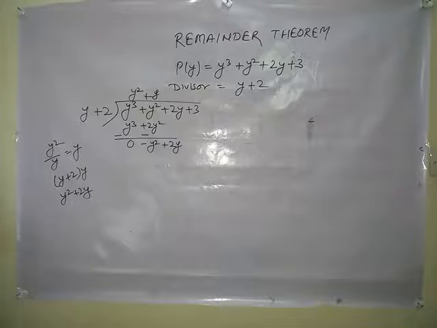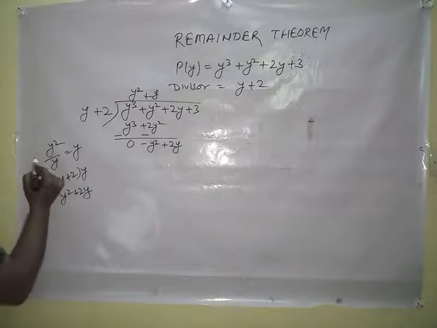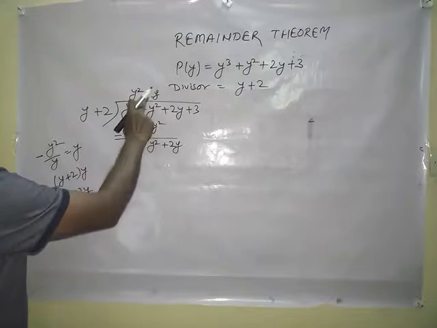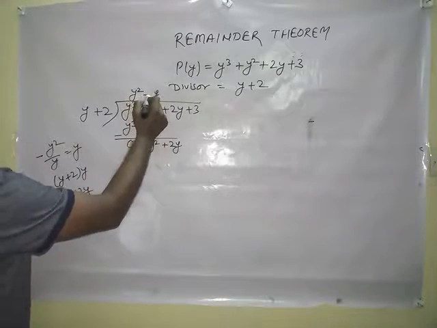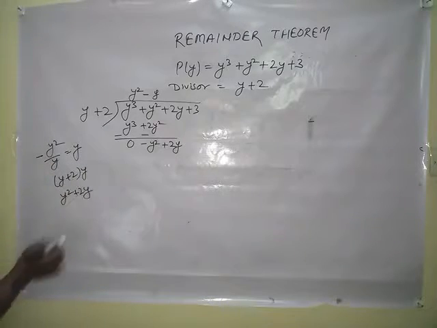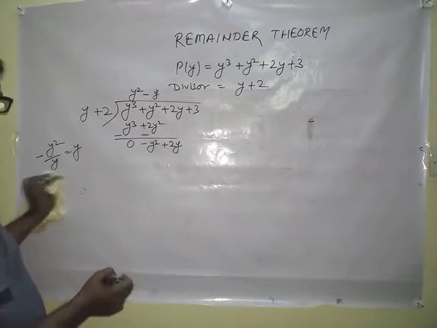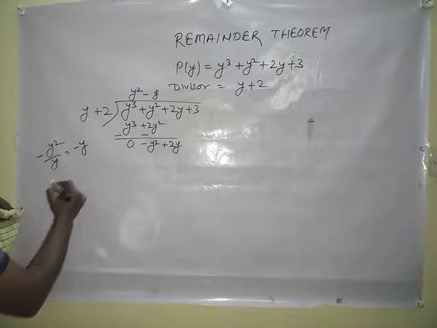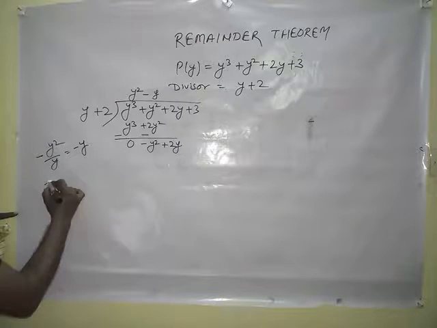Sorry, I made a mistake. It is a minus y square. So the second term will be minus y, and this will be multiplied by y plus 2.